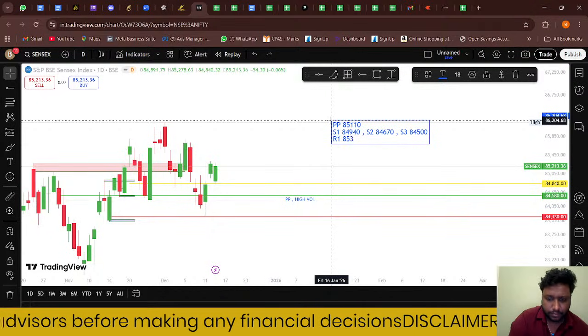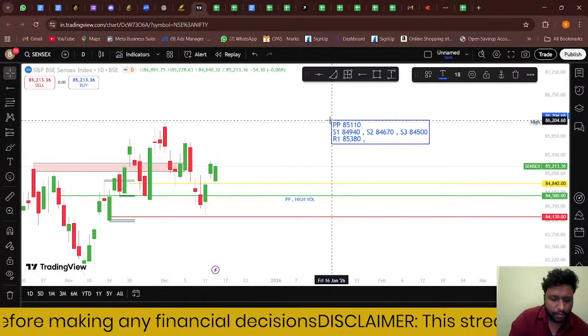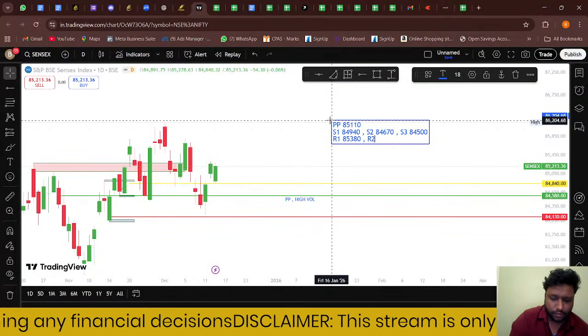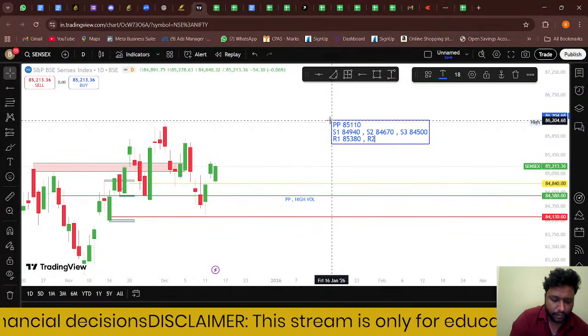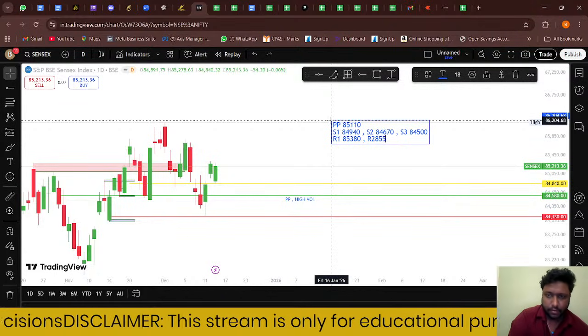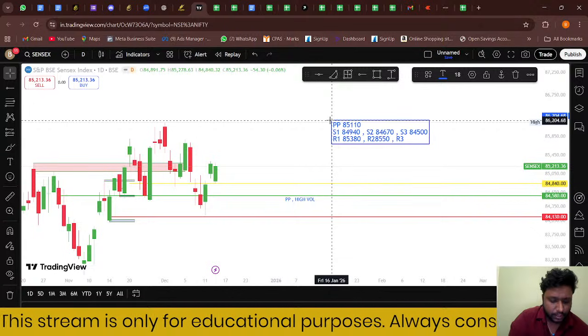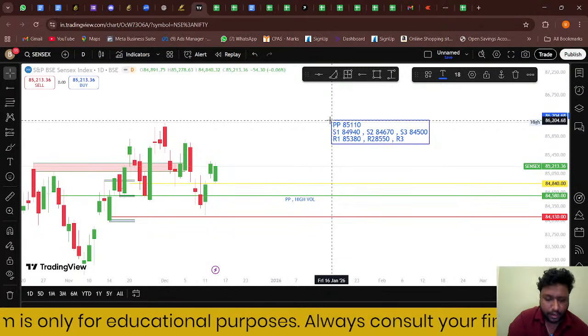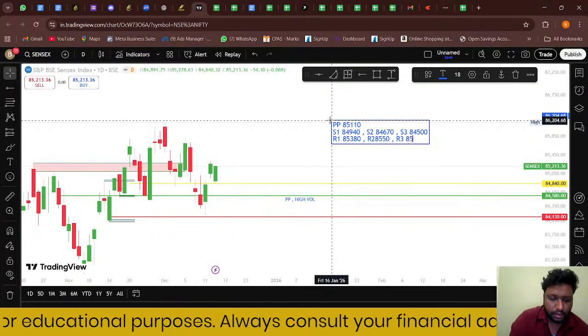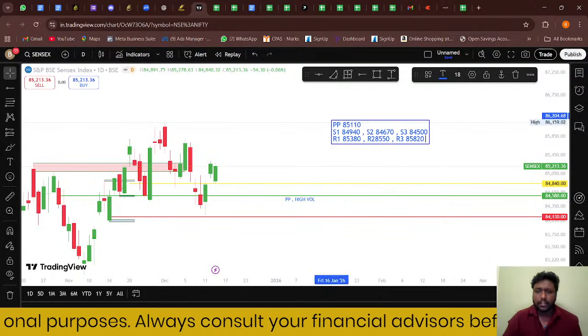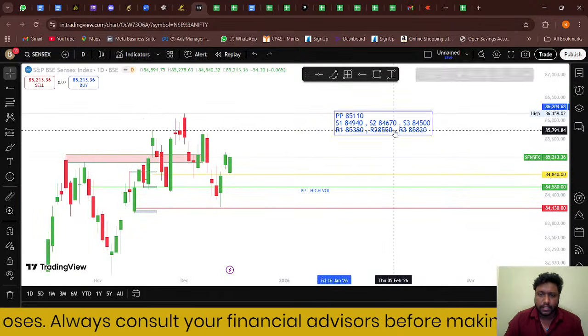Resistance 1 is at 85,380, resistance 2 is at 85,550, and resistance 3 is at 85,820. So these are the three levels with respect to Sensex.